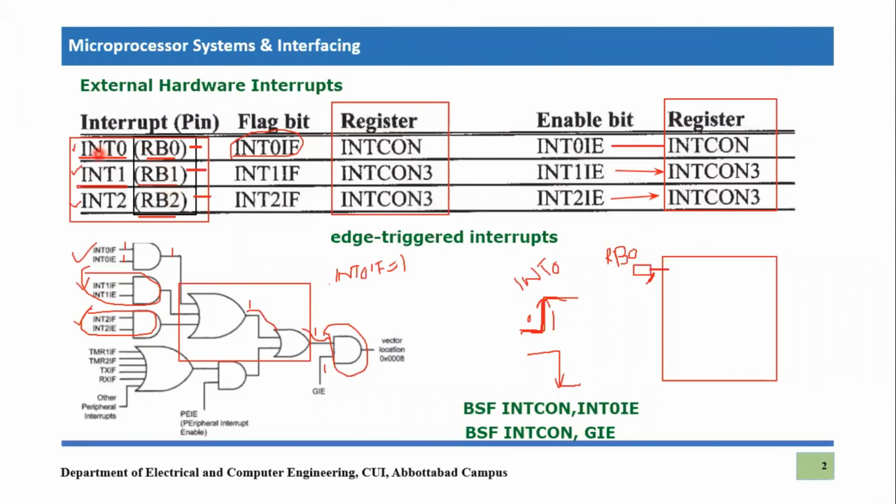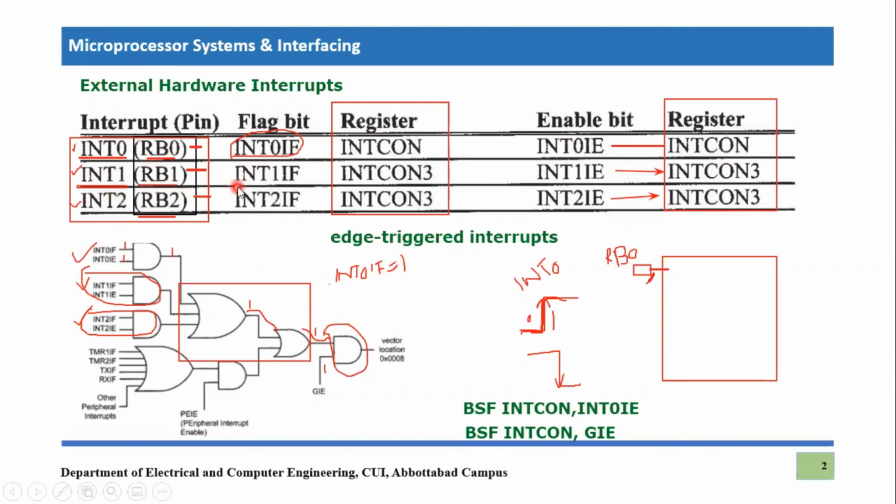In interrupt programming, you call them interrupt 0, interrupt 1, interrupt 2. So whenever these pins are attached to any external hardware, if they receive a positive edge, because we are talking about edge triggered interrupts, so if they receive a low to high transition, they will set their corresponding flag bit. If we are talking about interrupt 0, the flag would be interrupt 0 IF.